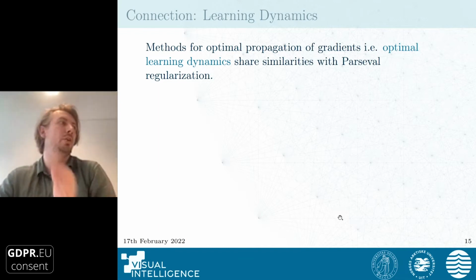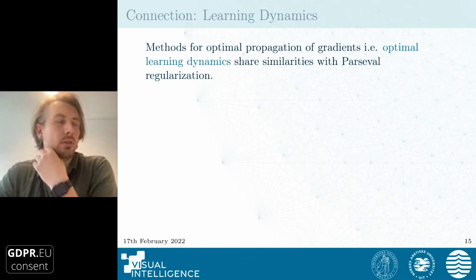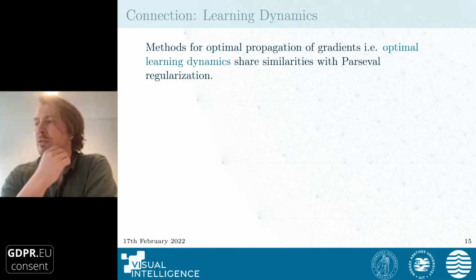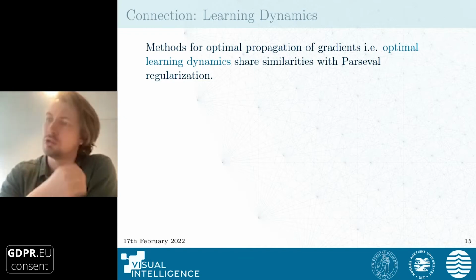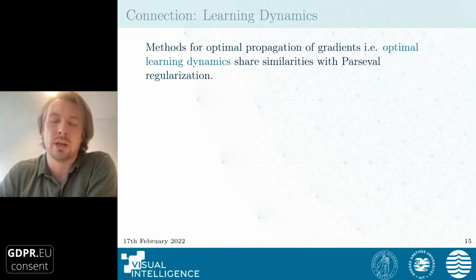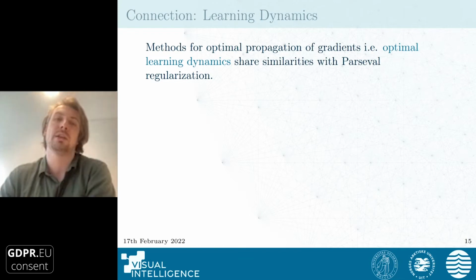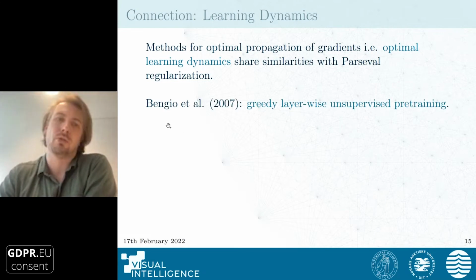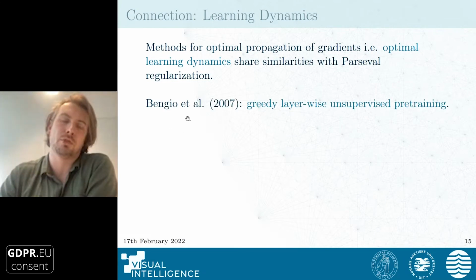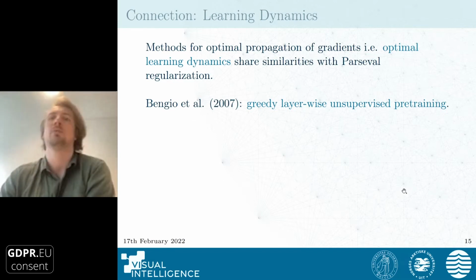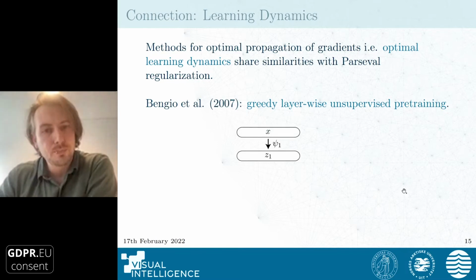Very early on in the history of deep learning, a lot of focus was put towards making sure that the gradients of the loss propagated well throughout the network. And one of the first methods of ensuring this was proposed by Bengio in 2007, with greedy layer-wise unsupervised pre-training.